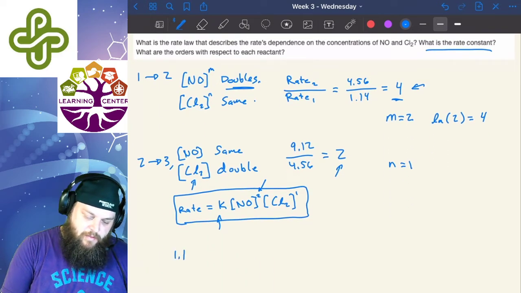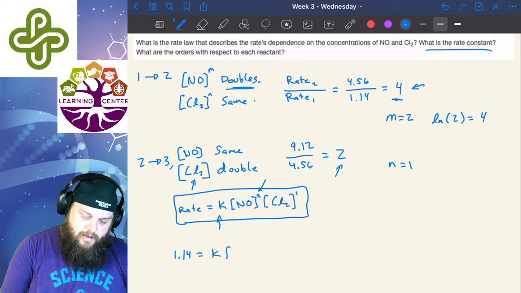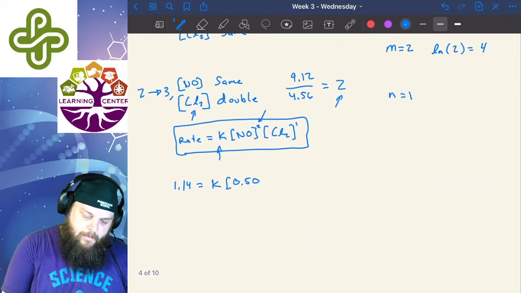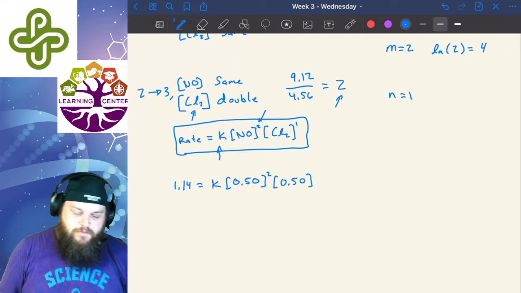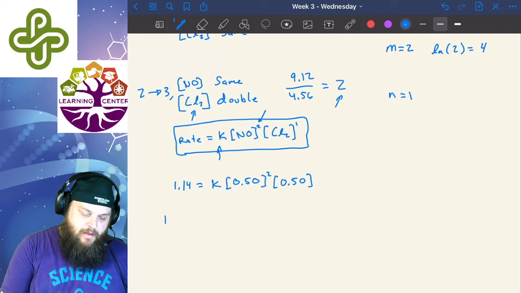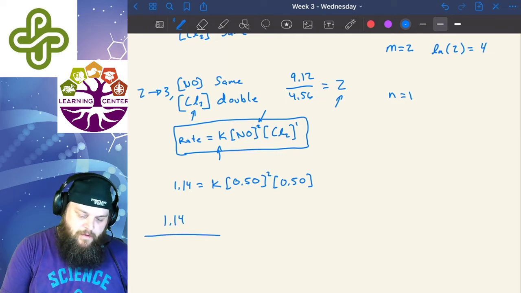So rate is 1.14, which is going to equal K times the concentration, which is 0.50, squared, and we're going to multiply that by 0.50. And we can rearrange the values here to solve for K, which is going to be 1.14 divided by 0.50 to the third power.